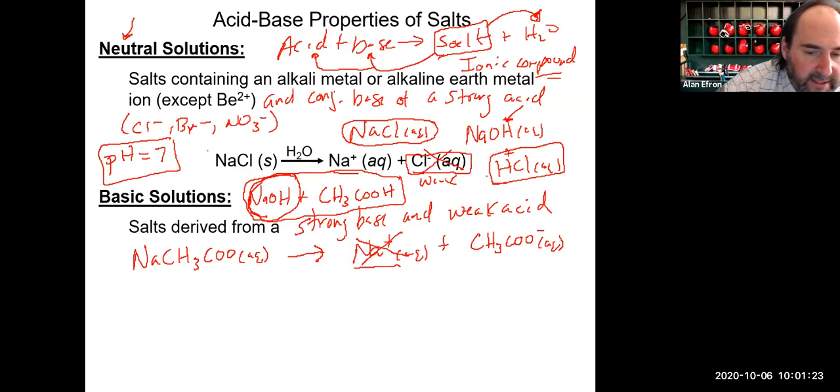But when we look at the acetate part, the acetate came from probably acetic acid. Acetic acid is a weak acid, which means its conjugate base over here is going to be relatively strong.